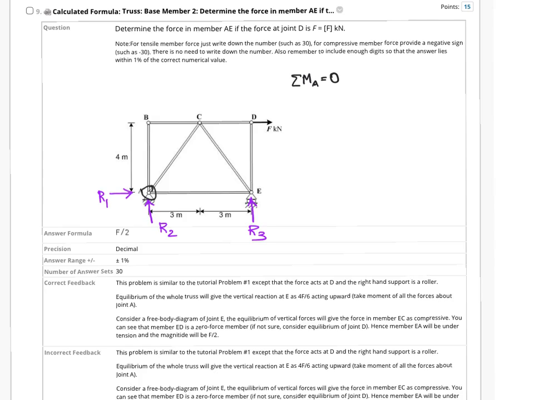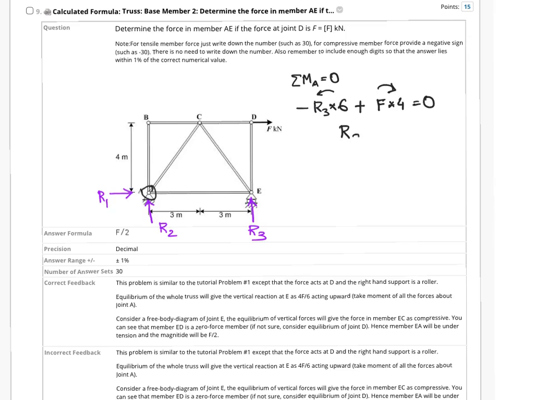Moment is R3 times 6, and it is in the anti-clockwise direction, so I will use a negative sign. What about F? F about point A is going to rotate the truss in the clockwise direction. And what is the lever arm for force F? That's multiplied by 4, and that's with a plus sign because it's acting clockwise. That must be equal to 0.